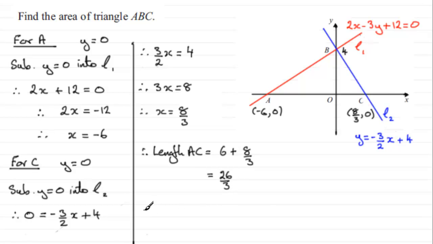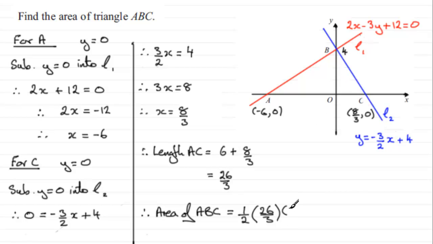So when it comes to the area of the triangle ABC, it's going to equal half the base, so half multiplied by the base length, 26 over 3, multiplied by the height, which is 4 units.